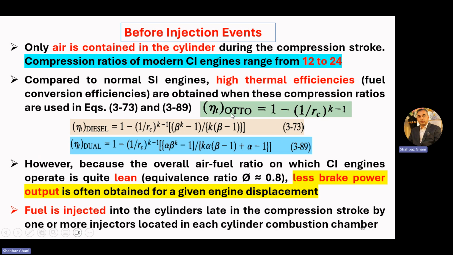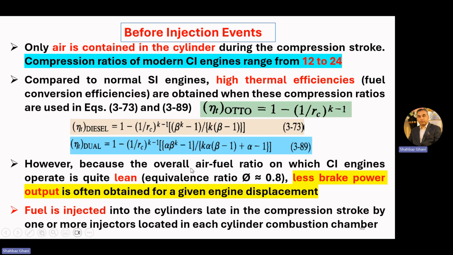The thermal efficiency of the Otto cycle is 1 minus 1 over rc to the power k minus 1, where rc is the compression ratio and k is the specific heat ratio. The thermal efficiency of a diesel cycle is 1 minus 1 over rc raised to k minus 1, times the bracket beta raised to k minus 1 divided by k times beta minus 1, where beta is the cutoff ratio. For a dual cycle it is 1 minus 1 over rc raised to k minus 1, times the bracket alpha beta raised to k minus 1 divided by k alpha beta minus 1 plus alpha minus 1, where alpha is the pressure ratio and beta is the cutoff volume ratio.